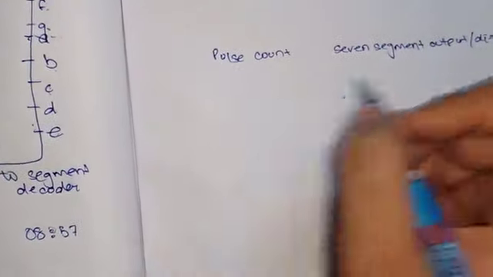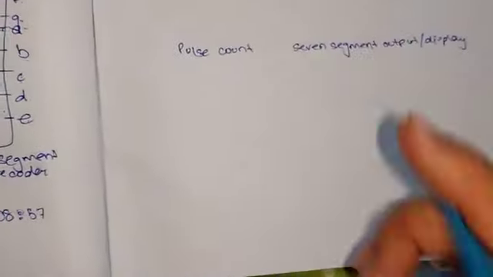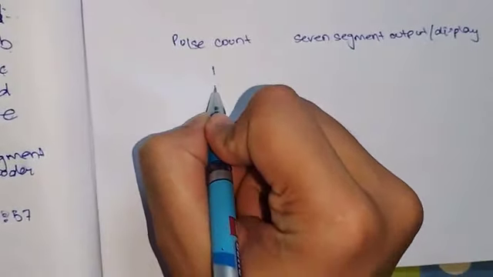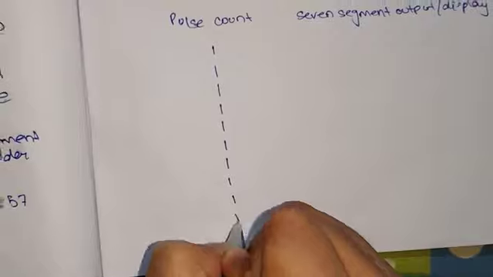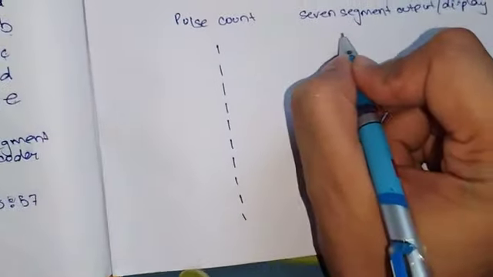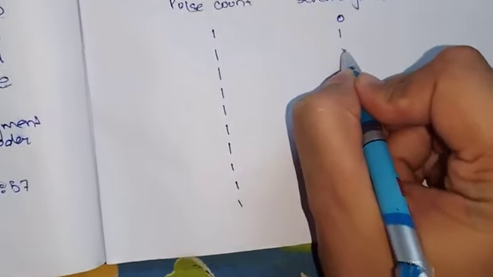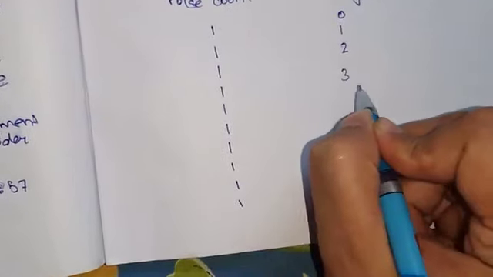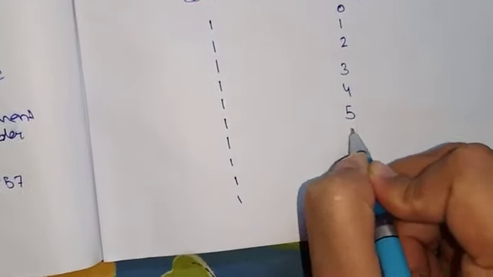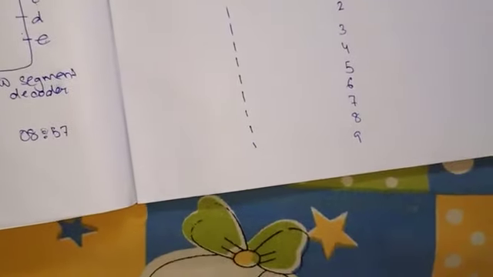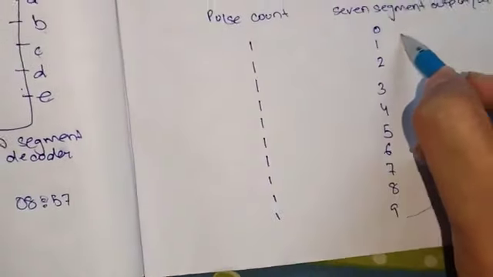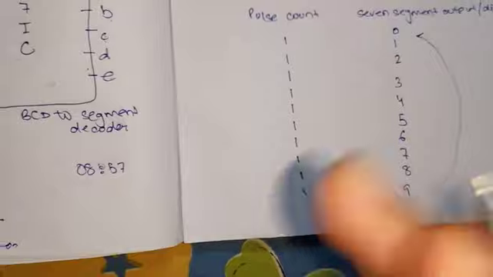Just remember it like this: 1 2 3 4 5 6 7 8 9 10. First it will show 0, then 1, then 2, then 3, then 4, then 5, then 6, then 7, then 8, then 9. Then again it will show 0, and again it will repeat.